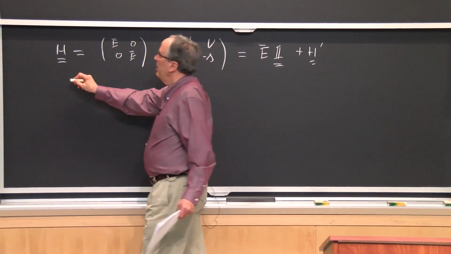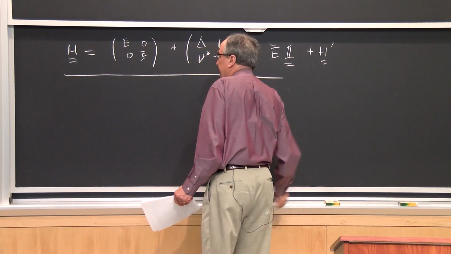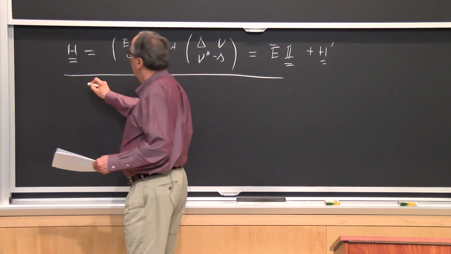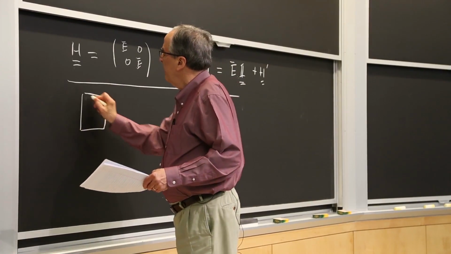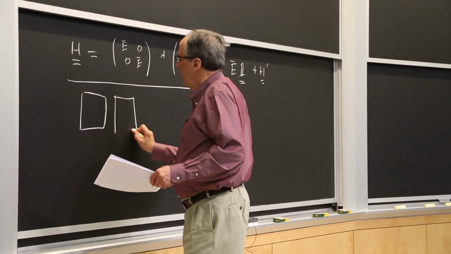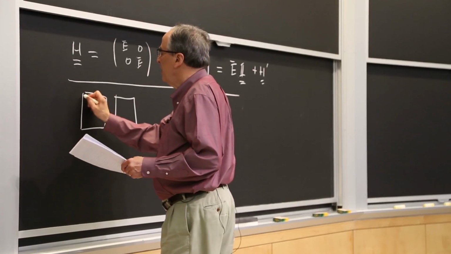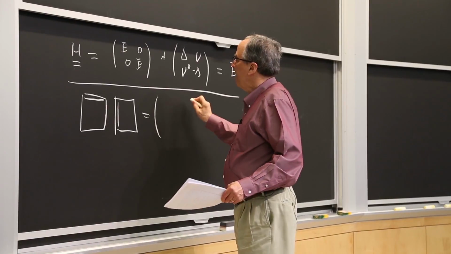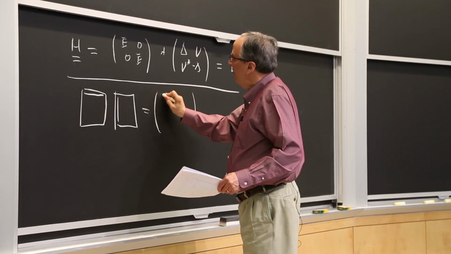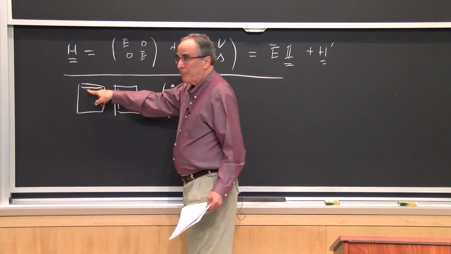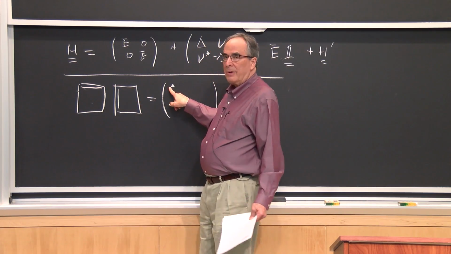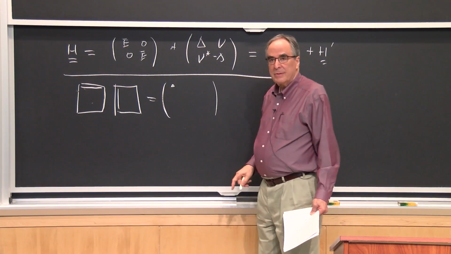Now, since we're going to be doing matrix multiplications, let me just give you some mnemonics. So if we have a square matrix multiplying a square matrix, what we do is we multiply this row by that column, and we get one number, and you fill out the square matrix.